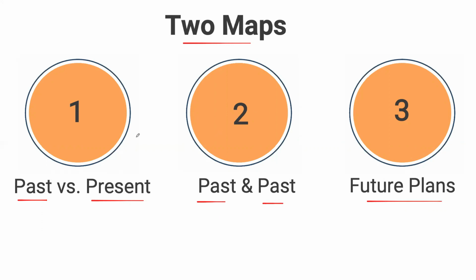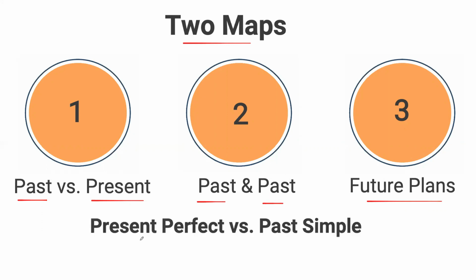So these are the three most common scenarios, and with that, it's very important to use the proper tenses to describe the changes. So you might have to use present perfect versus past simple, for example. So past simple would be in the past, present perfect would be for something that continues on from the past to present day.